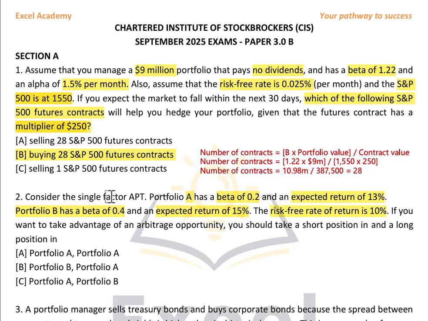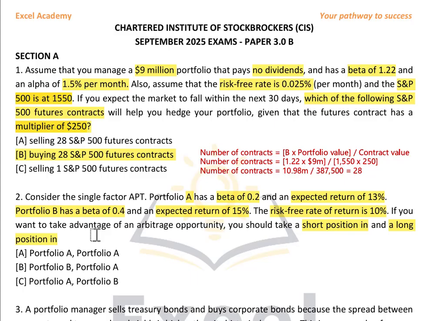They now say that if you want to take advantage of an arbitrage opportunity, you should take a short position in dash and a long position in dash. Do you get that? That's what they're trying to ask us to do. So let's do just that.